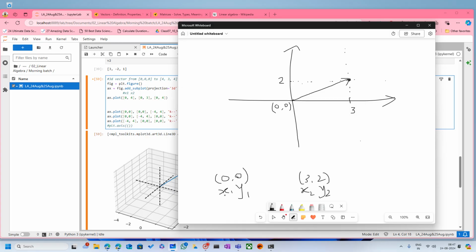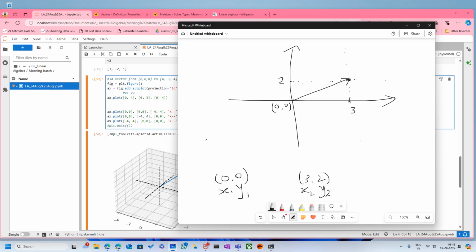Our understanding is point-wise. But mathematically, the way it has been designed, it wants to understand what is along the x-axis, and then what is along the y-axis.